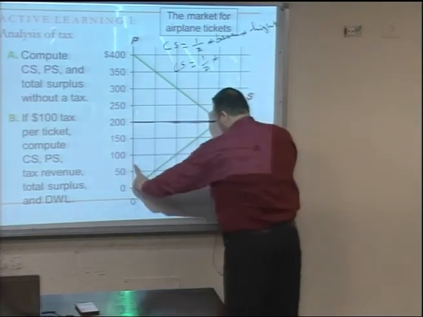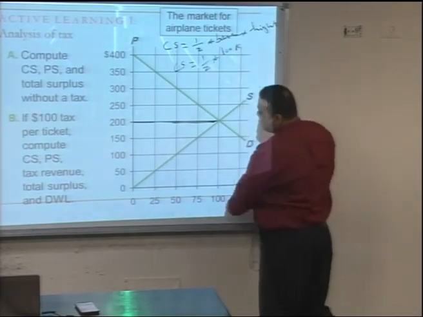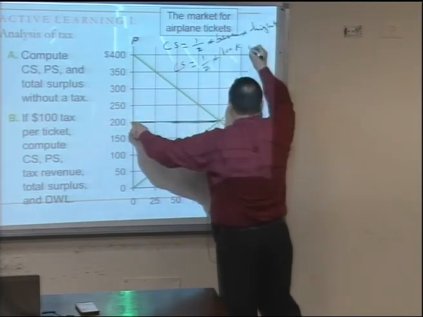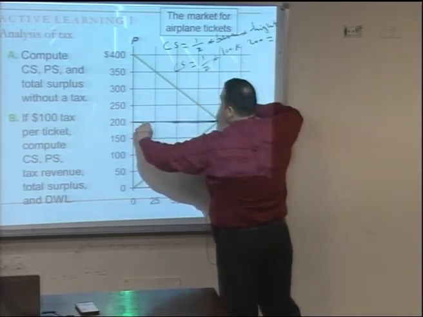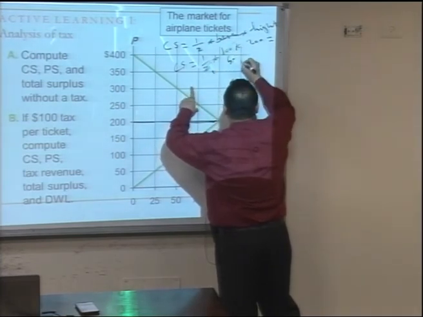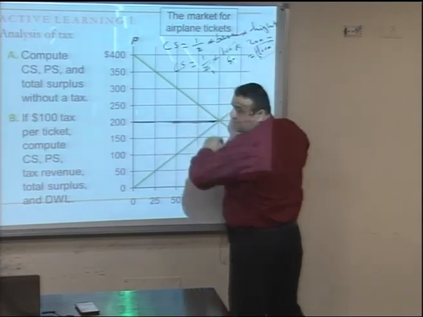How much is the base here? It's the quantity, 100, times height, 400 minus 200, 200, equals, how much is it? 150 equals 1,000. This is the consumer surplus.